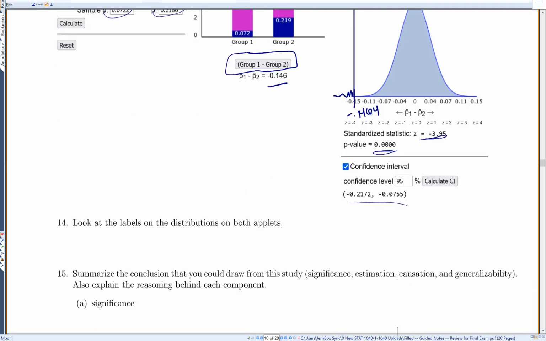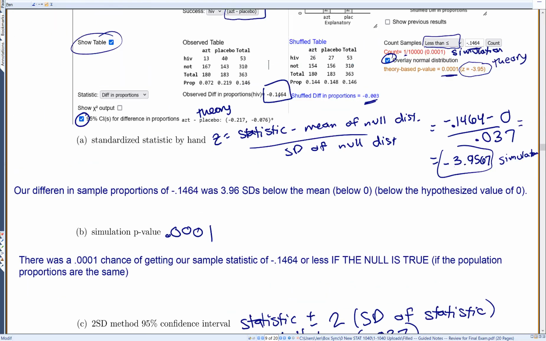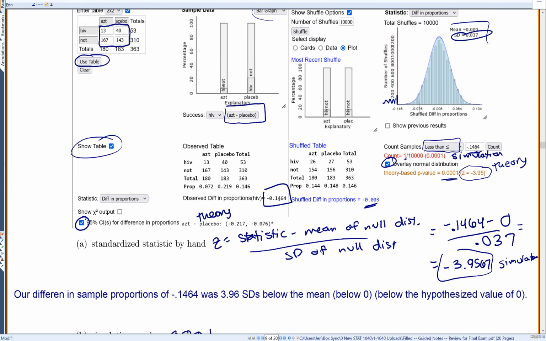So I do want to point out, look at the labels on the distributions of both applets. So this one said p hat 1 minus p hat 2. And if you look back up at the simulation one, it said shuffled difference in proportions.